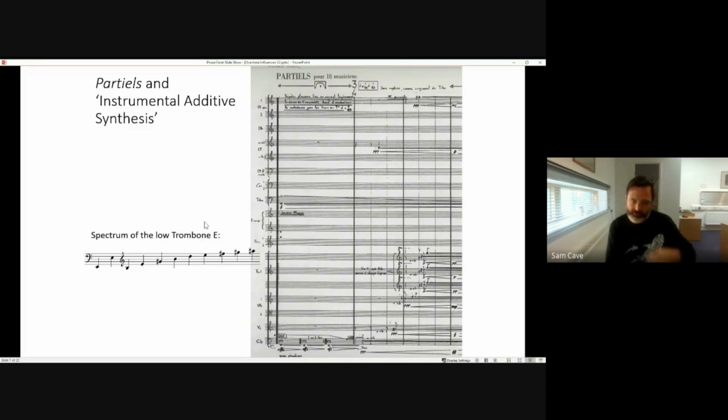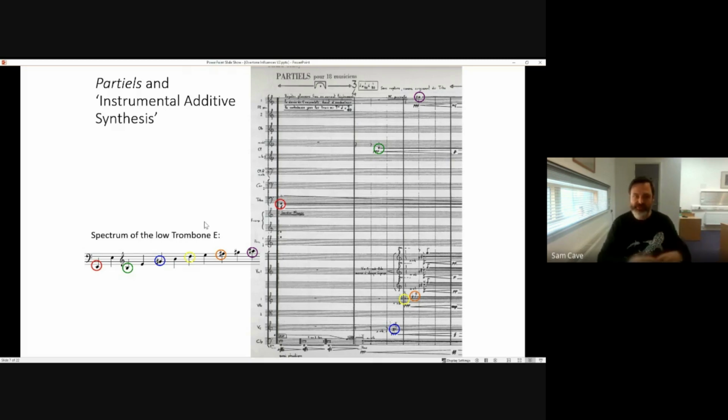In Partiels, Grisey doesn't use a guitar, he uses a trombone, and I've drawn here on the left-hand side the spectrum of a trombone, low E. If I put some color analysis on this, you can see that what Grisey has done is subjected this to analysis in an analyzer, not like SPEAR.